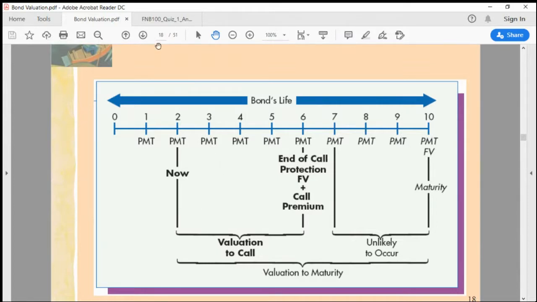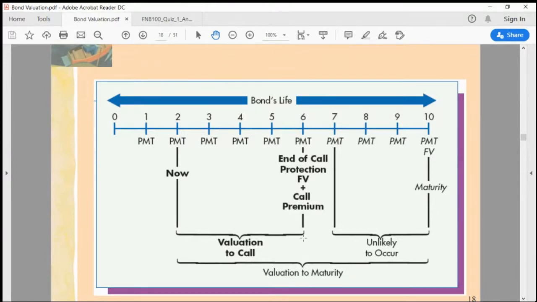Currently, you're at the end of year 2, so you've been collecting coupon payments until year 2. The call protection period is the first 6 years. That means you have 4 years left until the end of call protection. From year 6, the company can call the bond.